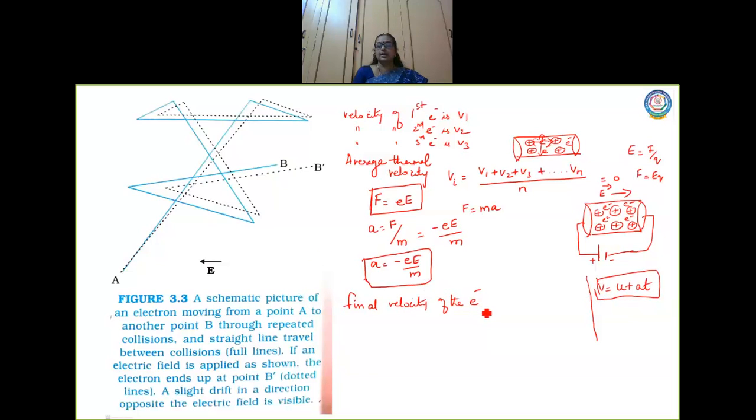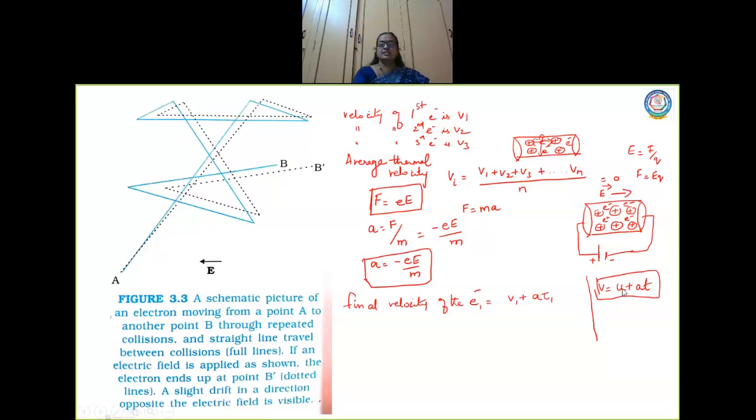Electron 1: what is the final velocity gained? The initial velocity is nothing but the thermal velocity, plus the acceleration gained into the time. Let me replace it as tau 1.